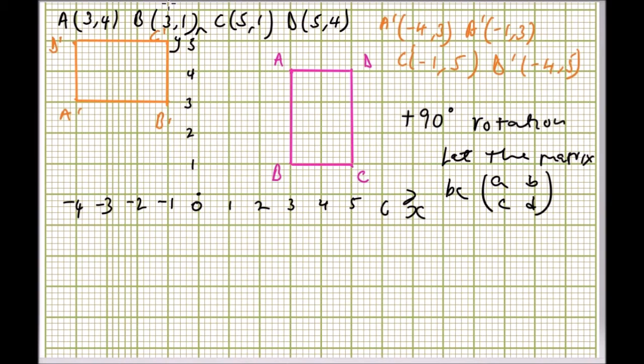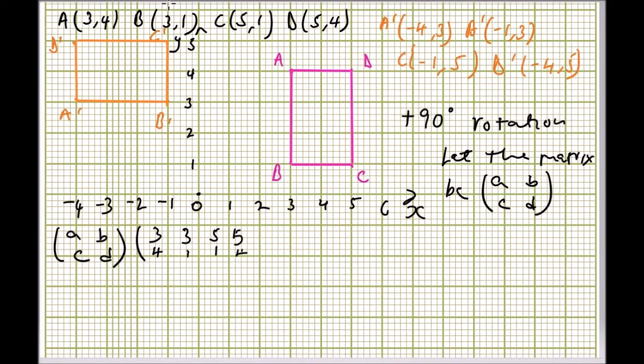So if we say A, B, C, and D is our transformation matrix, we multiply by the matrix of the object formed by the vertices of the object: we have 3 and 4, we have 3 and 1, we have 5 and 1, and we finally have 5 and 4.